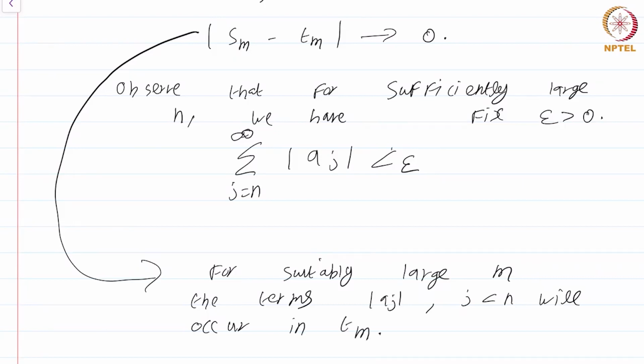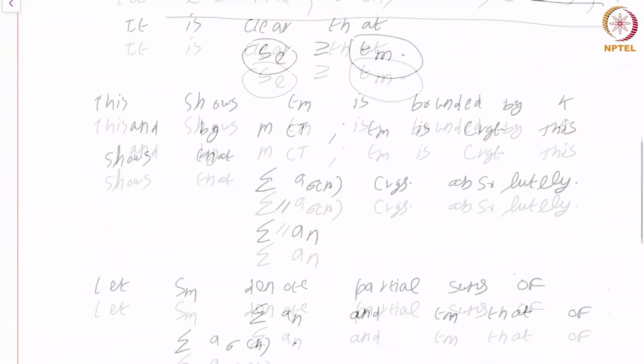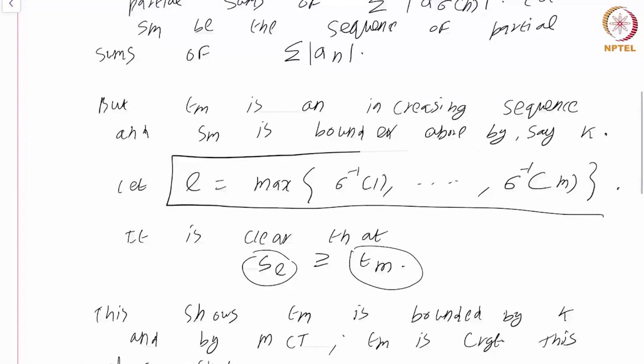Not mod Aj, just Aj. The terms Aj for j less than n will occur in Tm. How do we know this? Well, we can just use the same trick that we used here.